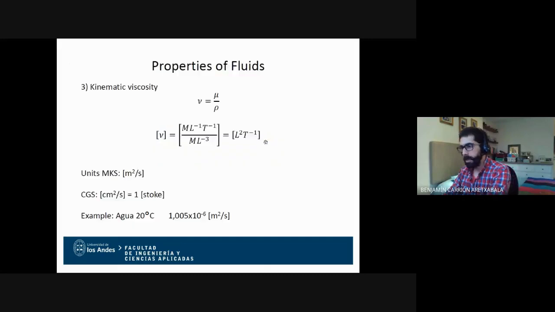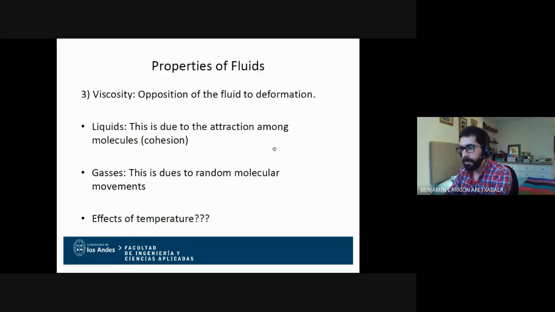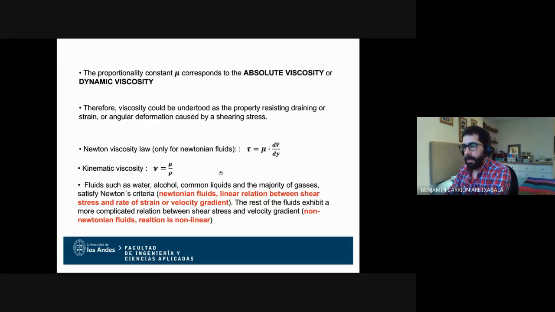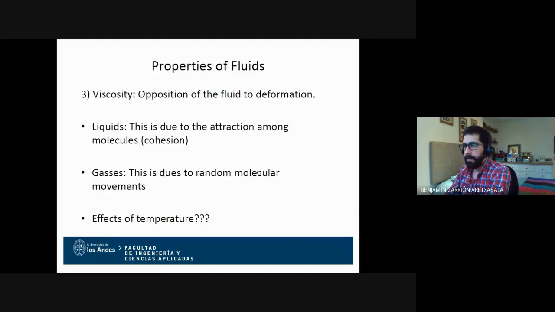All right, back to where we left off. Viscosity is the opposition to the deformation, again. The exact way in which this happens is not important to us engineers in this course. You can look it up, but it has to do with the attraction and the random movement of molecules.